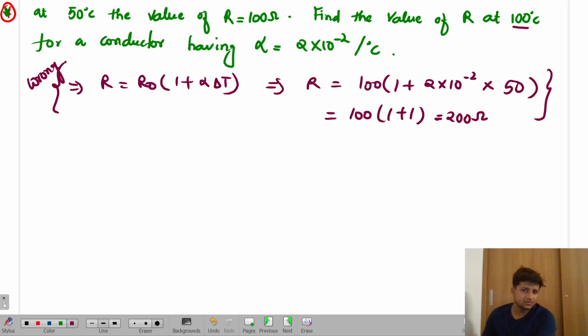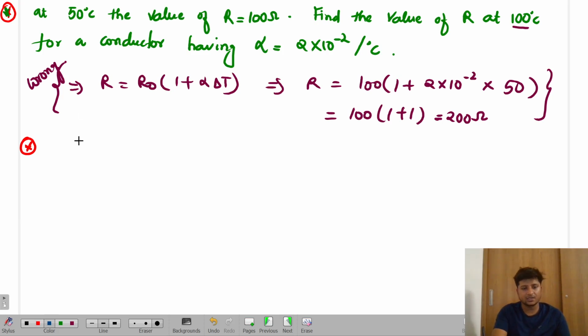So this is incorrect because your reference should be 0, not 50. So how to solve that? First, let us define. I do not know the R naught value, because at 0 degree there is no mention of resistance. So the equation is simple.